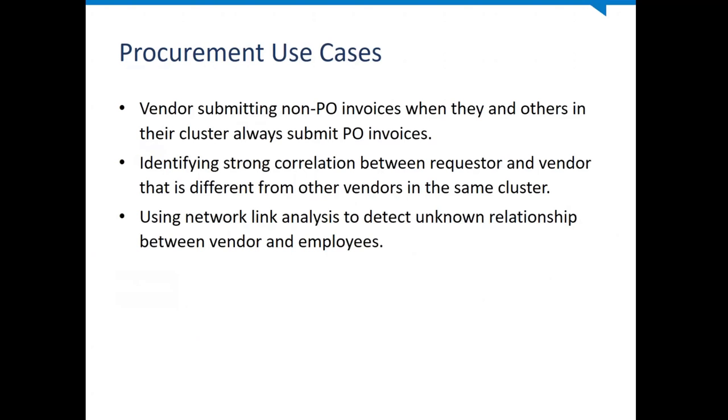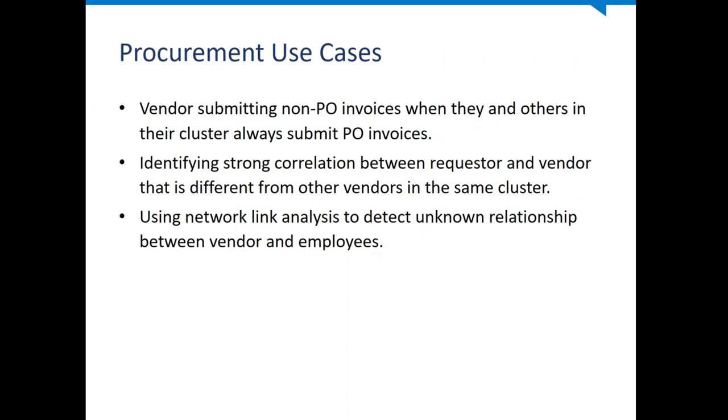We wanted to put together some quick little use cases just to help you guys out. All right, so again, areas where this can come in handy. So if a vendor continues to submit non-PO invoices when the others in their cluster do not, so what that means is certain vendor types with this type of activity and this type of material and inventory that they're producing tend to have purchase order capabilities with their invoices.